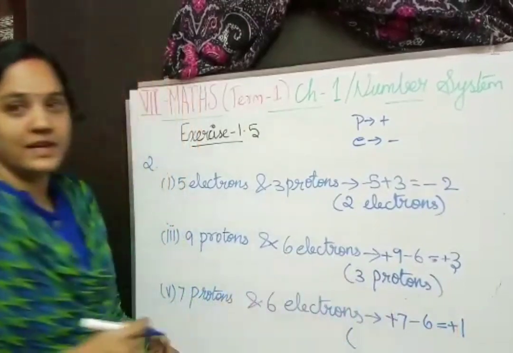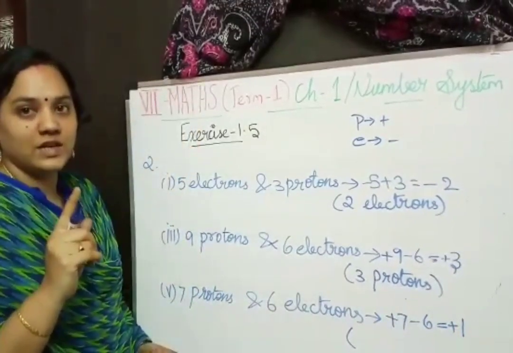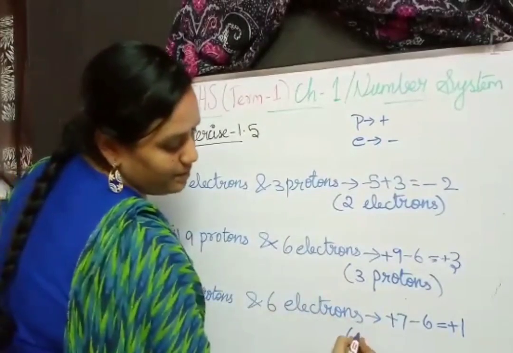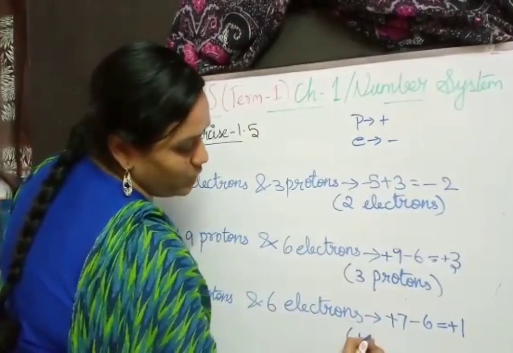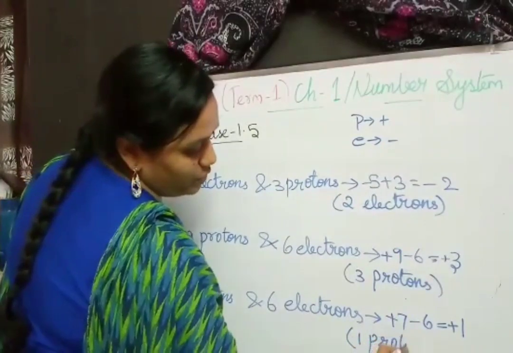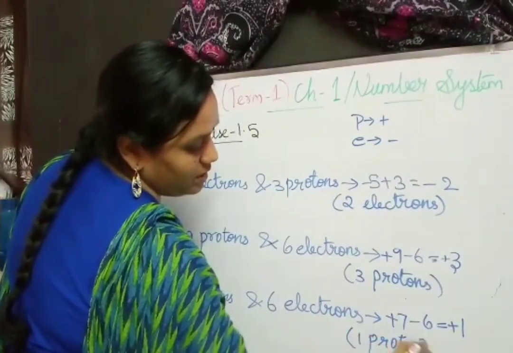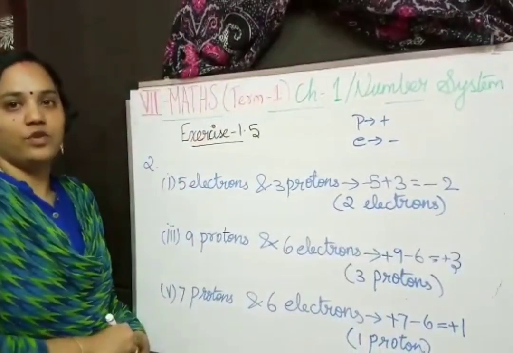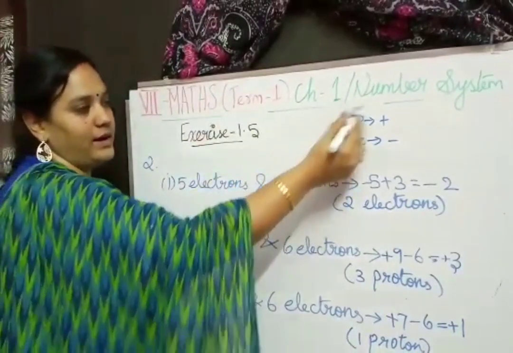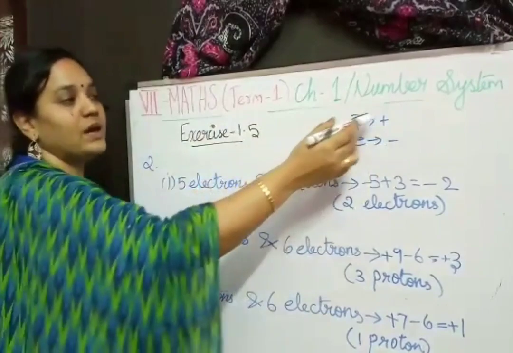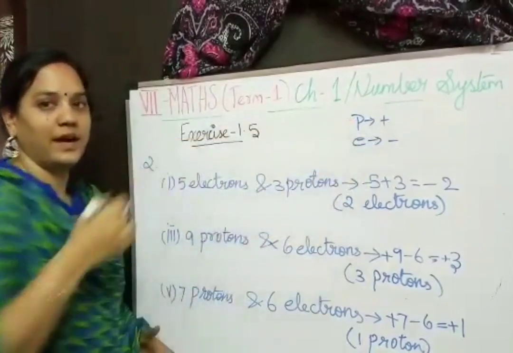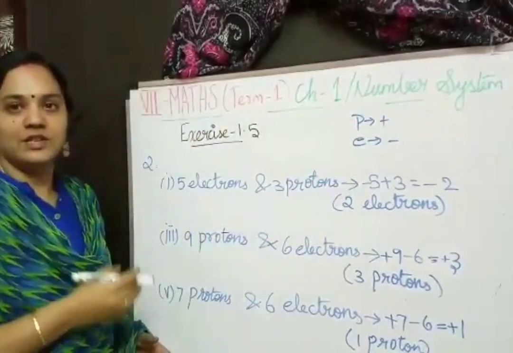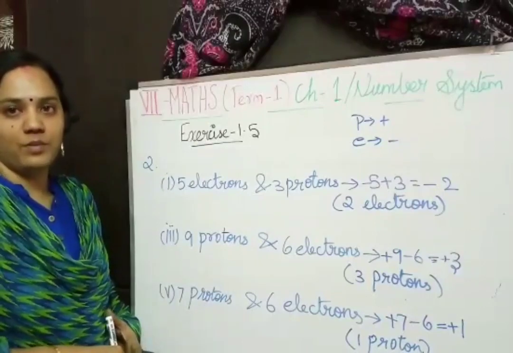So what is the answer here? 1 positive, that is proton. So 1 proton. That is your answer. Is it clear? So if you have a clear idea and if you mention P means positive and E means negative in your rough column, it will be easy for you to solve all these problems. Okay.